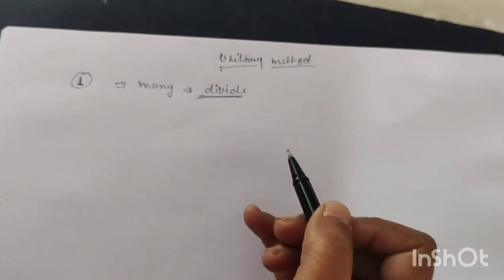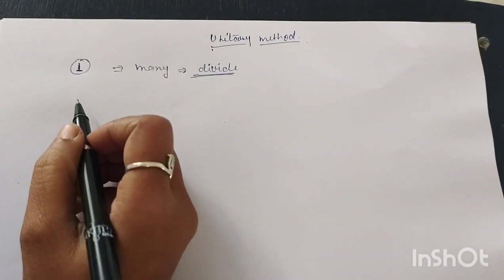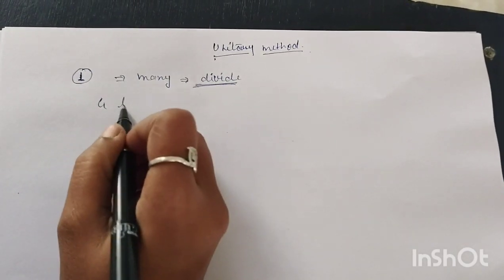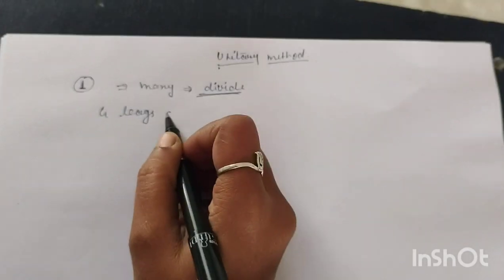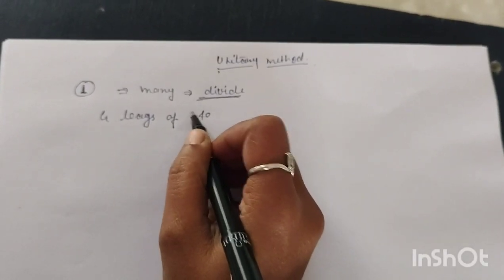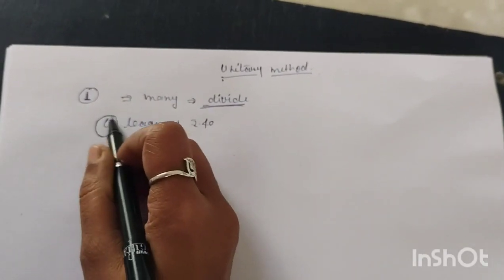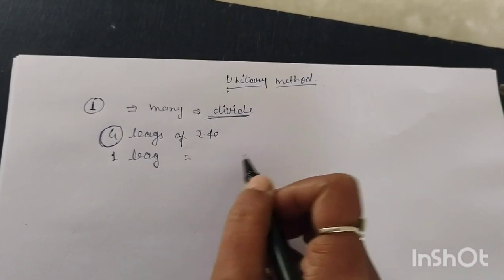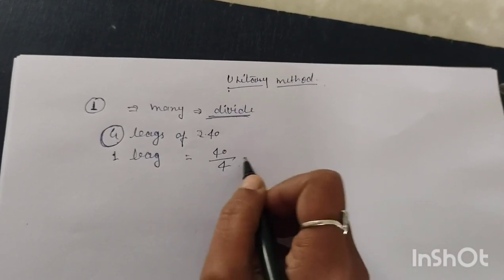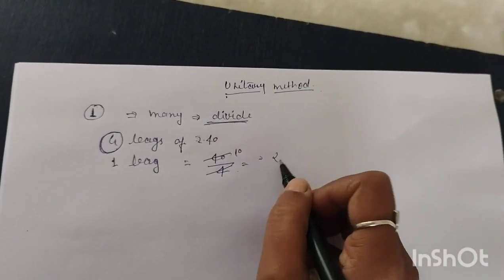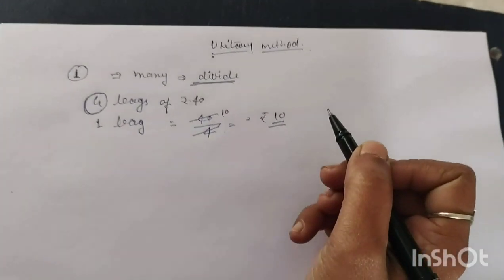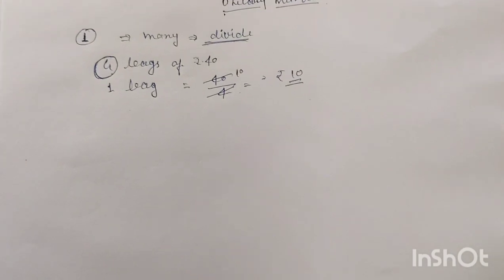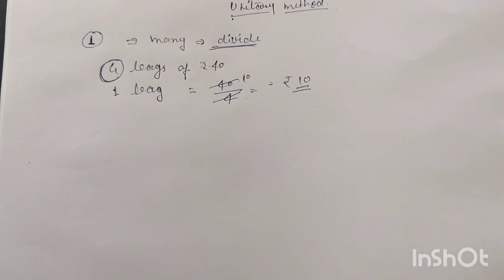It means that suppose you are having 4 bags of 40 rupees. 4 bags means you are having many things and you have to find the value of 1 bag. What will we do? 40 by 4, right? So here we can say the cost of a bag is 10 rupees. In this way we can find the value when we are having many things and we have to find the value of one thing only, right?